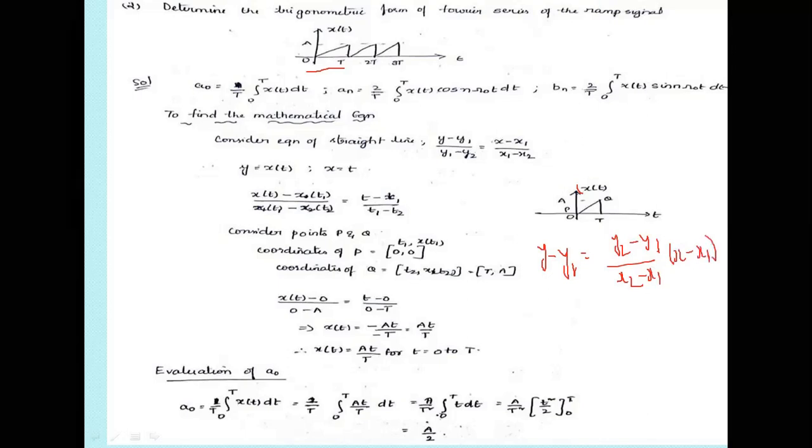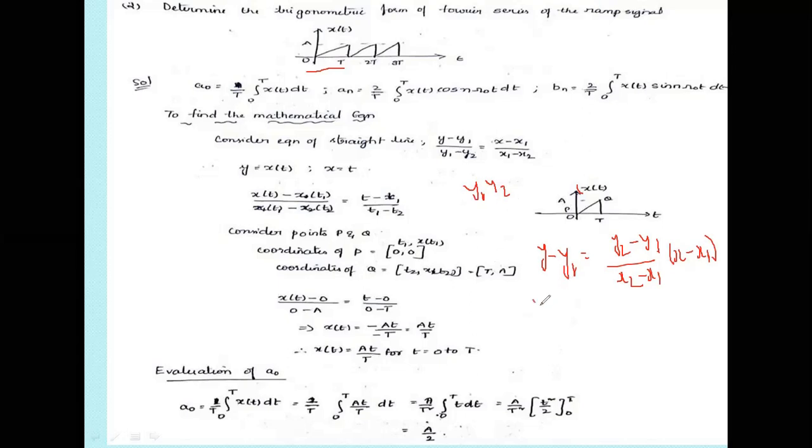This is the formula we use to find the slope equation. y1 is the value at 0 and y2 is on the y-axis. The coordinates of P and the coordinates of Q are there here. t1 is 0 and x of t1 is 0, and t2 is capital T and x of t2 is capital A, the two points with x1, x2 and y1, y2.